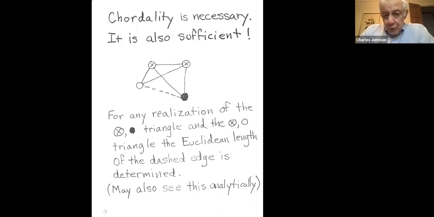Suppose I have two cliques that overlap in a clique, with one distance unspecified in my partial matrix. I've intended that this be the idea here. So I have a 3-clique here composed of x's and the open vertex, and another clique composed of x's and the blackened vertex.